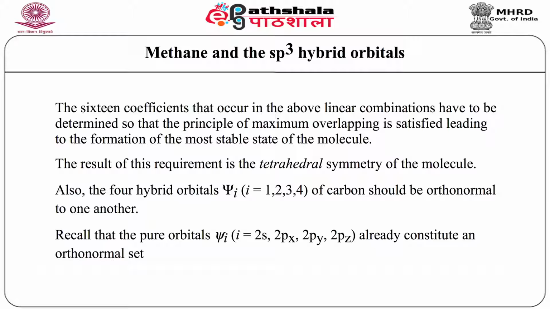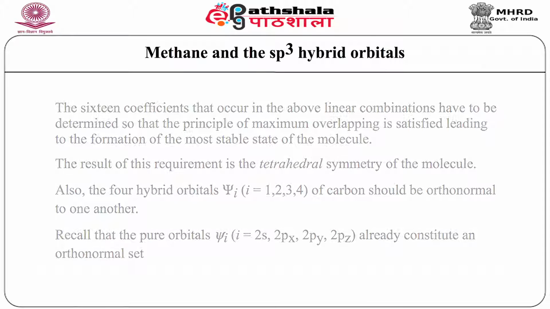Also, the 4 hybrid orbitals Ψi, where i goes from 1 to 4, of carbon should be orthonormal to one another. Recall that the pure orbitals 2s, 2px, 2py and 2pz already constitute an orthonormal set.